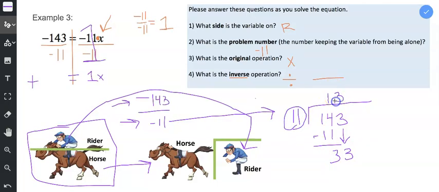It goes in 3 times because 3 times 11 is 33. When I subtract this, I have a remainder of 0 and there's no more numbers to bring down, so I've finished dividing this. So negative 143 divided by negative 11 equals positive 13. 1x is the same thing as x. So we get x is equal to 13.